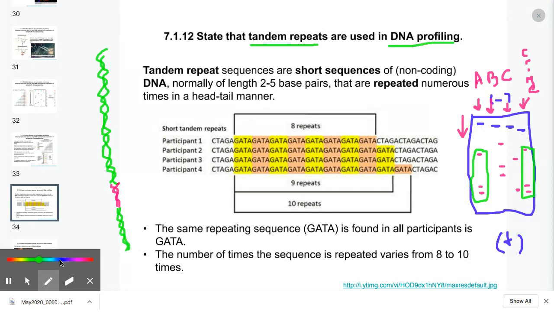You may have heard me say this before, but of DNA, only 1.5% is used to code for genes. So only 1.5% of your entire genome actually makes a protein. The rest of it, some of it we have ideas what it does, some of it we're not really sure.